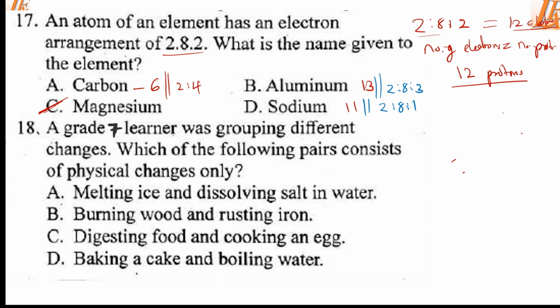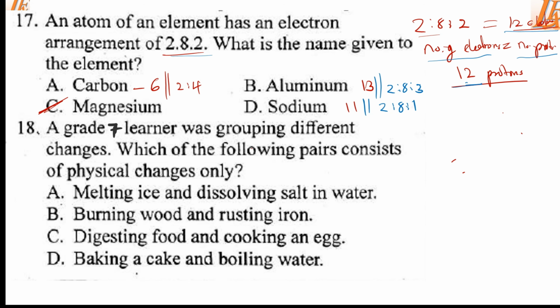So the correct answer here is magnesium, because we use this electron arrangement to determine the number of electrons. And since the number of electrons is equal to the number of protons, then the atomic number is 12. And the chemical identity of atomic number 12 is magnesium.